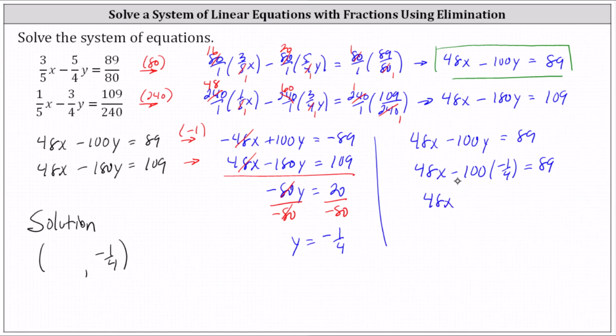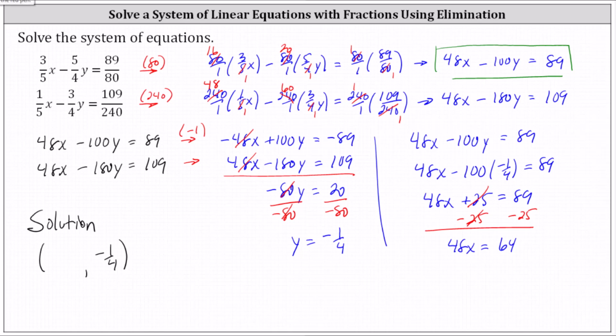Negative 100 times negative 1/4 is positive 25, giving us plus 25 equals 89. Now we isolate 48x. To do this, the next step is to subtract 25 on both sides. Simplifying, we have 48x equals 89 minus 25, which is 64.